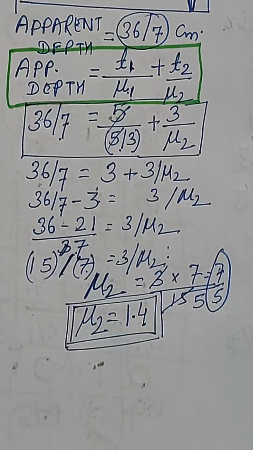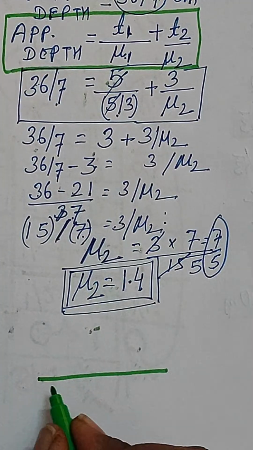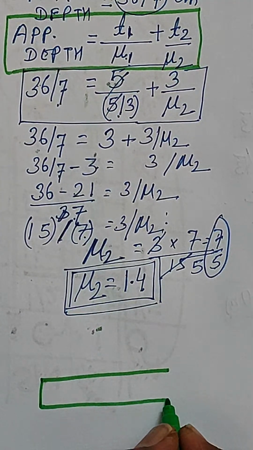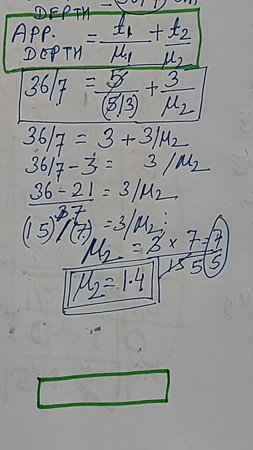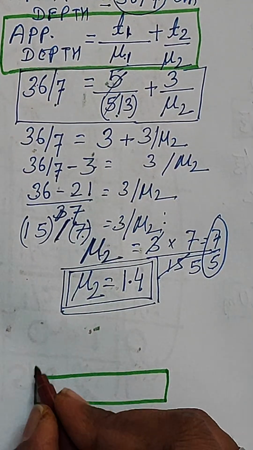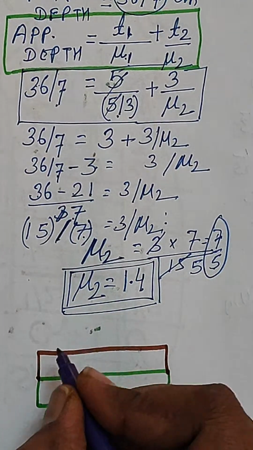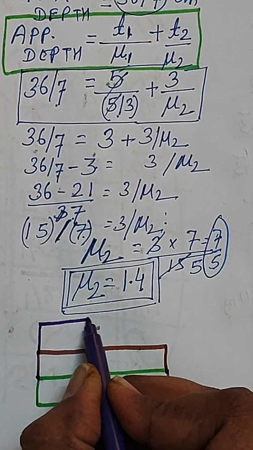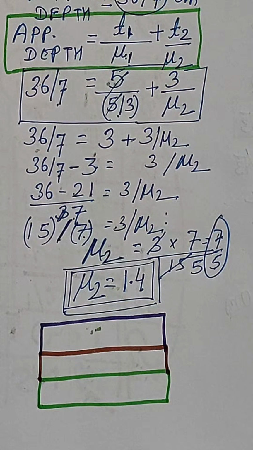Suppose we are having multiple layers, maybe layer 1 of liquid over here, above that layer 2 liquid is there, maybe above that layer 3 liquid is there, then our formula will be changed gradually, the same way as it happened over here, right?